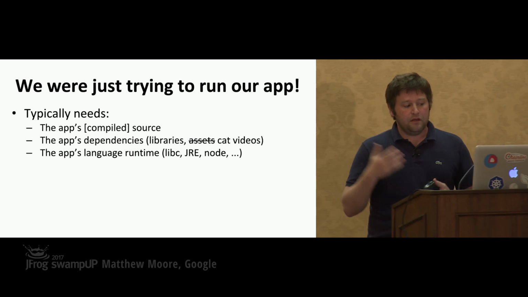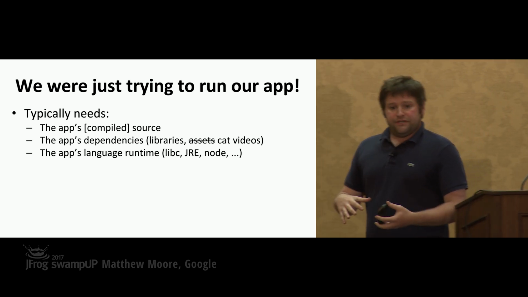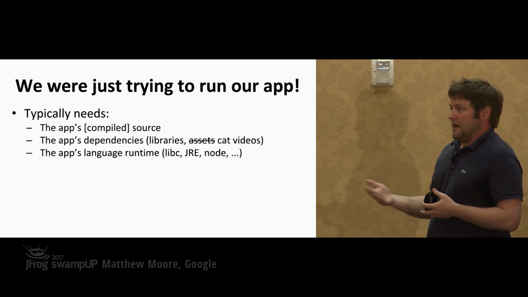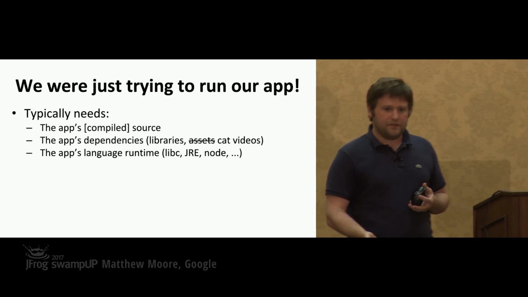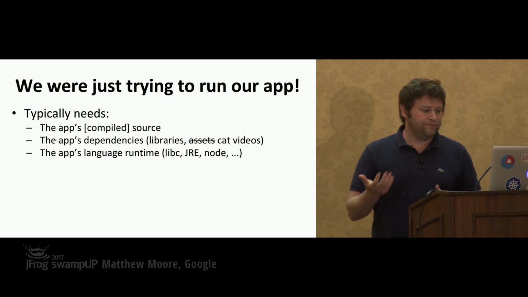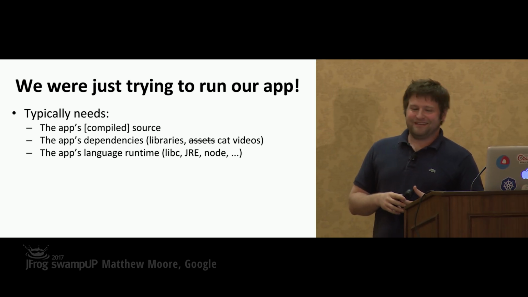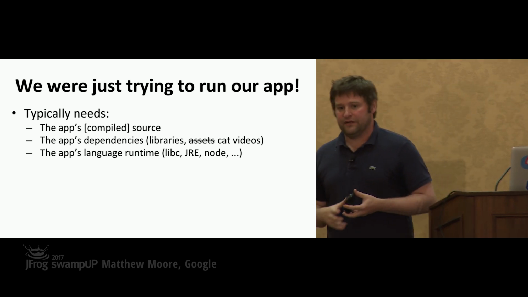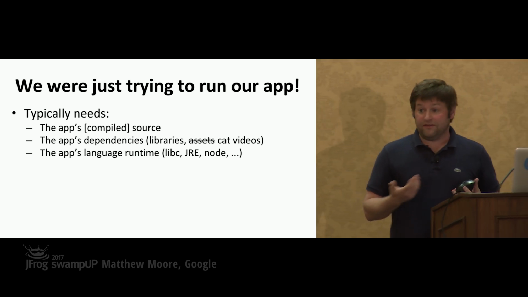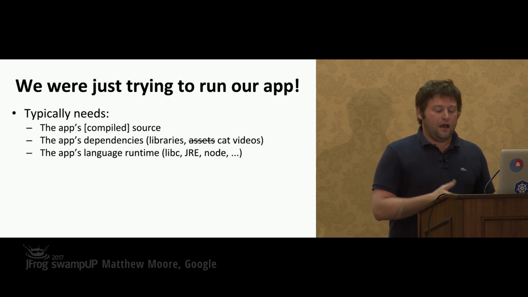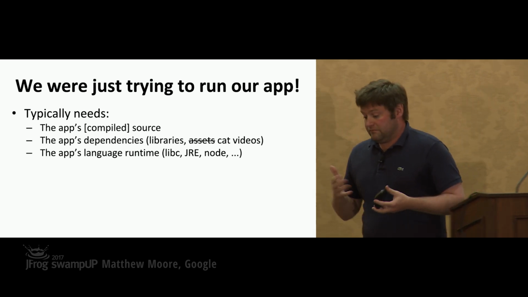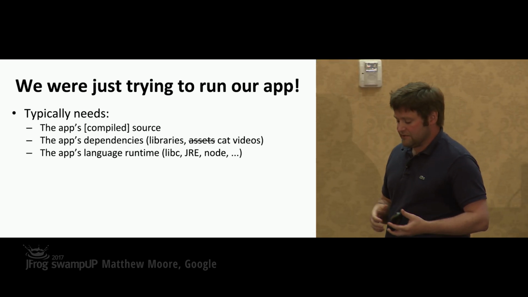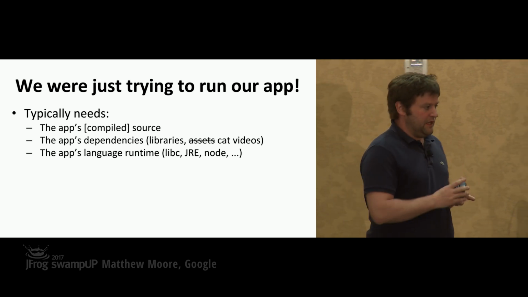Assets I'm going to serve, as well as the language environment that all of those things expect in order to operate. So if it's a Java dialect, you need a JRE. If it's Node, you need Node. If it's Python, you need a Python interpreter. If it's a compiled language like Go or C++, you probably need something like libc.